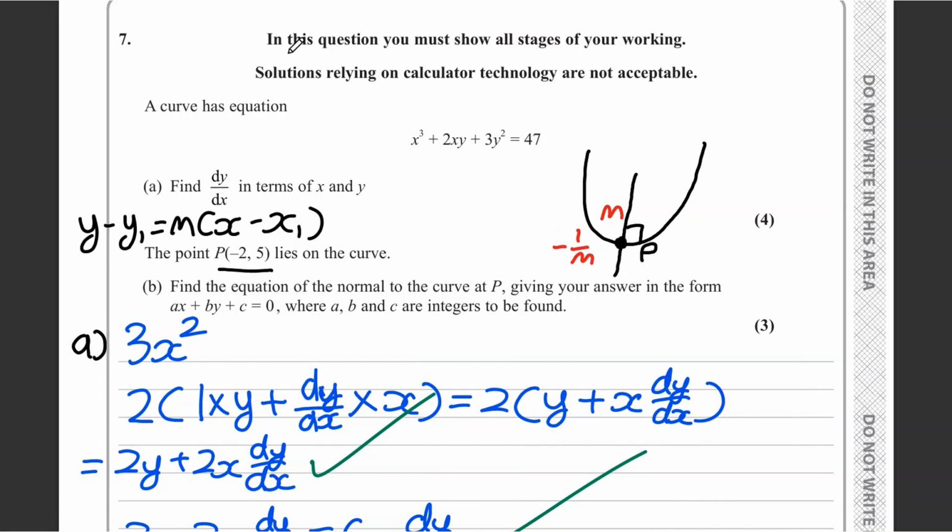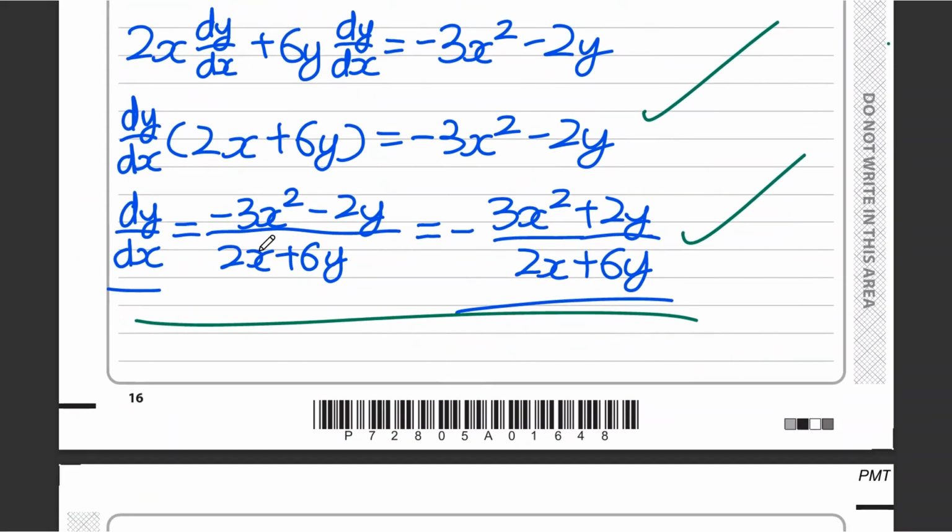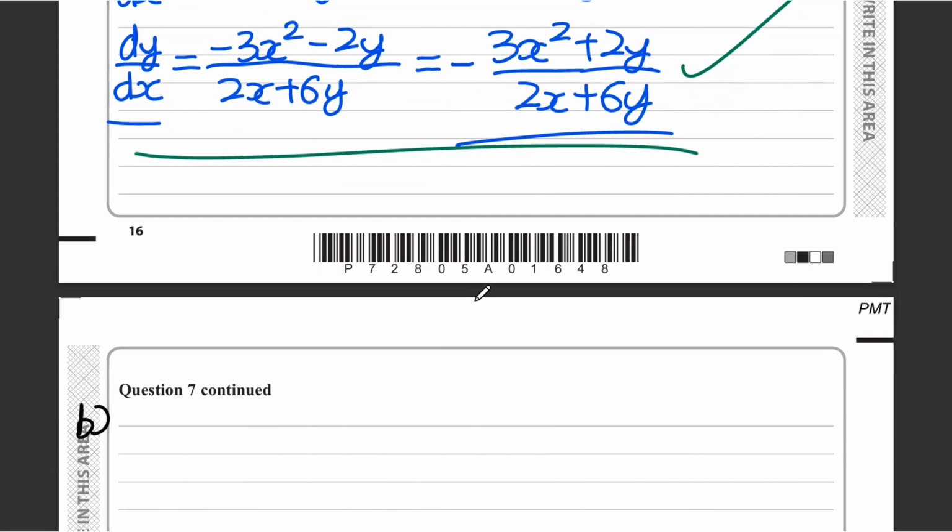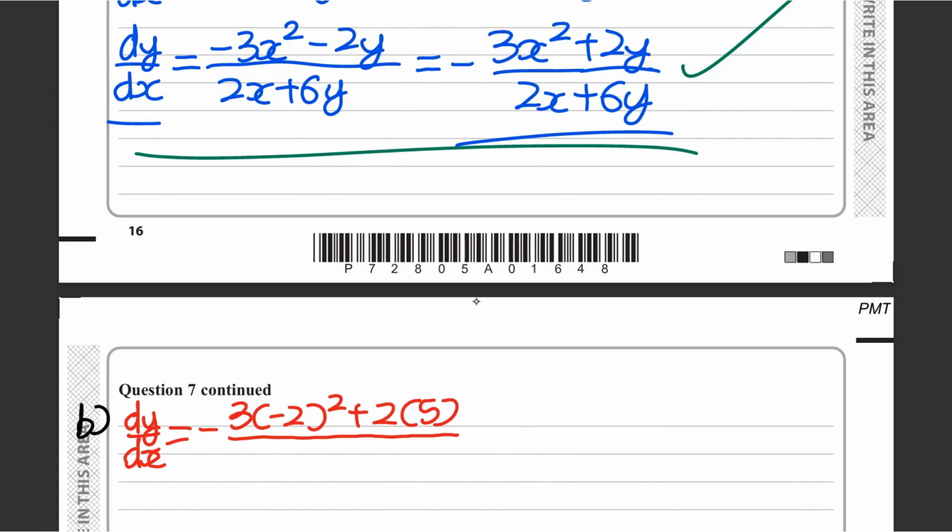Okay, so if we figure out the gradient of the curve at this point here, minus 2, 5, we're going to sub in x is equal to minus 2 and y is equal to 5 into this equation of dy over dx here. So it's going to be dy over dx is equal to minus 3, and then instead of x it's minus 2 squared plus 2, and instead of y it's 5, and this is over 2x, so 2 times minus 2 plus 6y, so 6 times 5.